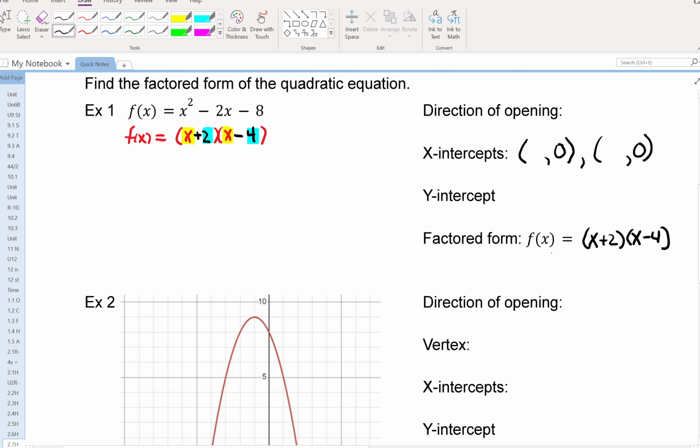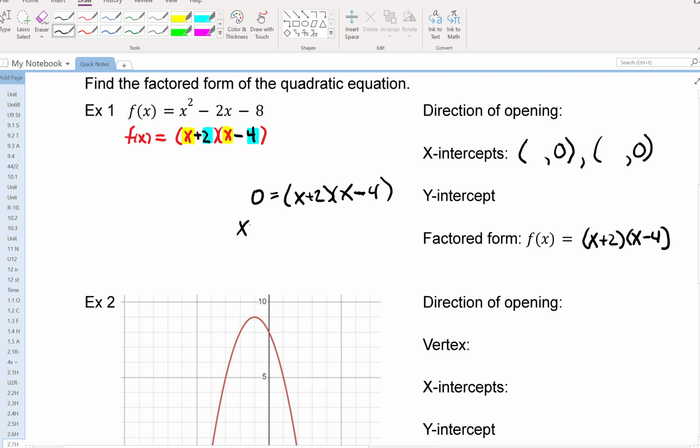And so f of x, that's y. And so if I set that equal to 0, I've got 0 is equal to x plus 2 times x minus 4.